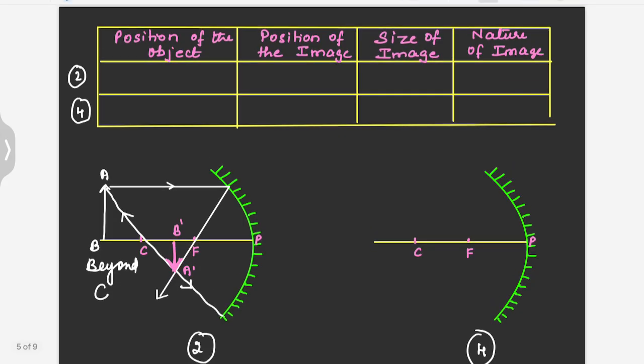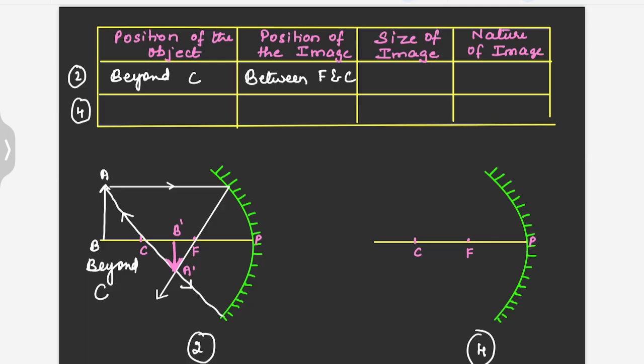So now let us fill this table. What is the position of the object? Position of the object is beyond C. What is the position of the image? It is formed between F and C. What is the size of the image? You can see it is diminished.